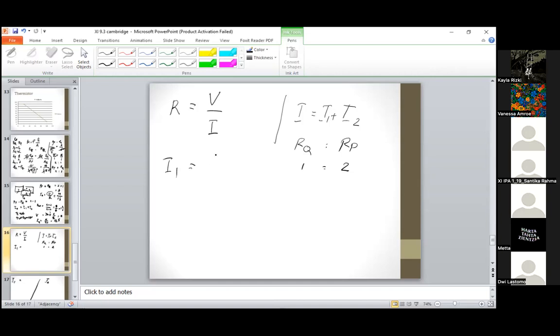I1 is V per R. The V is constant, but the R is not constant, right? Now, when we have R that is twice RP like this, do you think that I1 is bigger than I2?